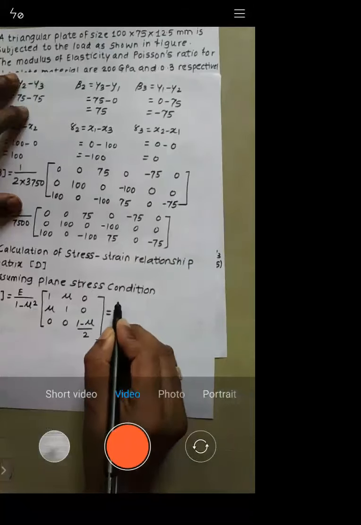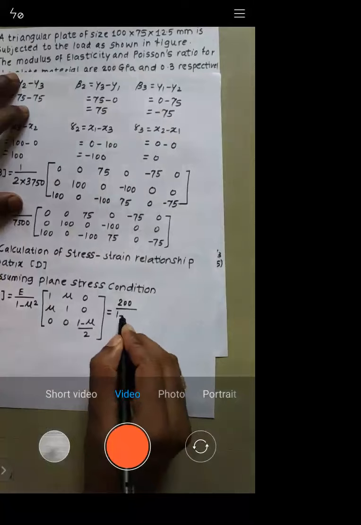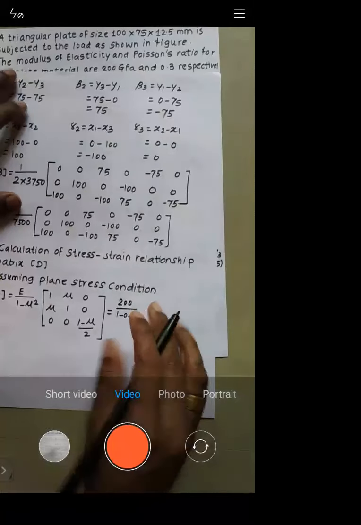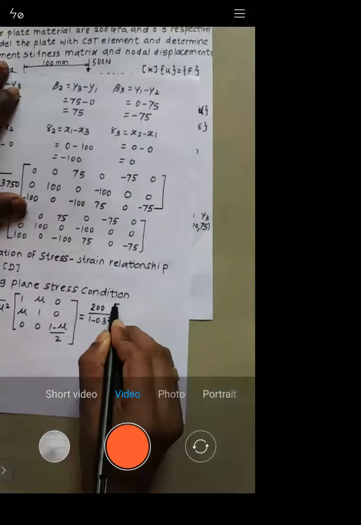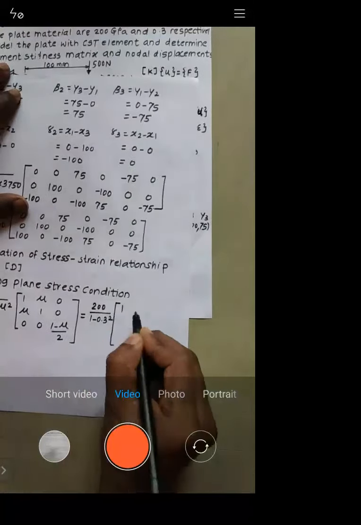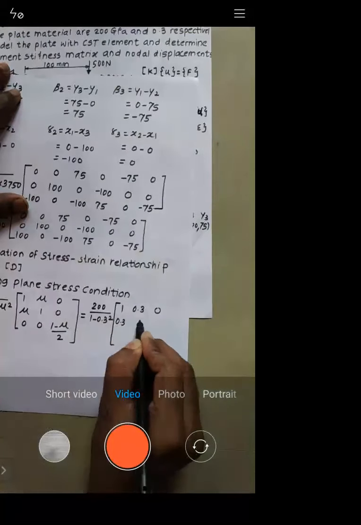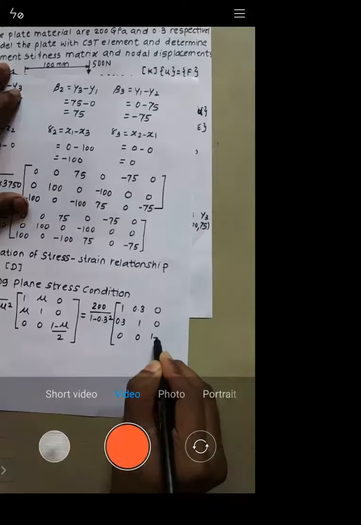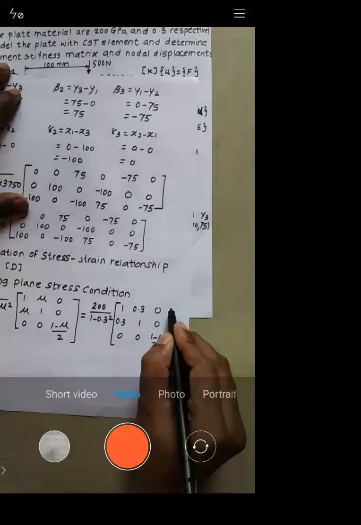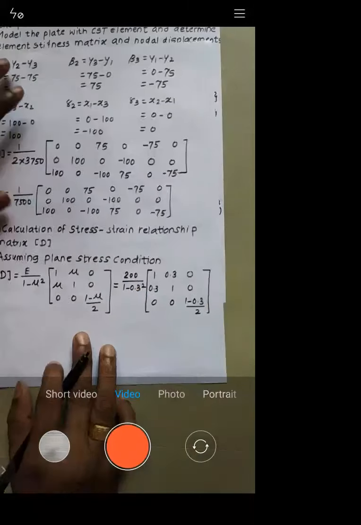So E is 200 gigapascal divided by 1 minus mu squared, where mu is given in the problem as 0.3. Then the matrix is 1, mu (0.3), 0; mu (0.3), 1, 0; 0, 0, (1 minus mu) by 2. How much is this 200 divided by 1 minus 0.3 square coming?